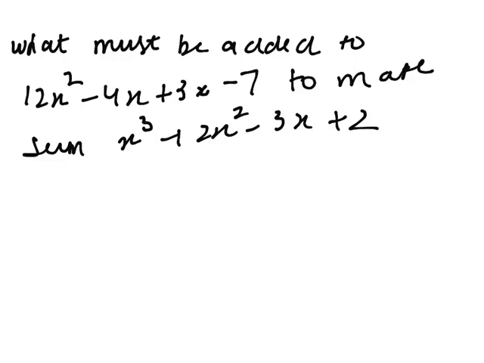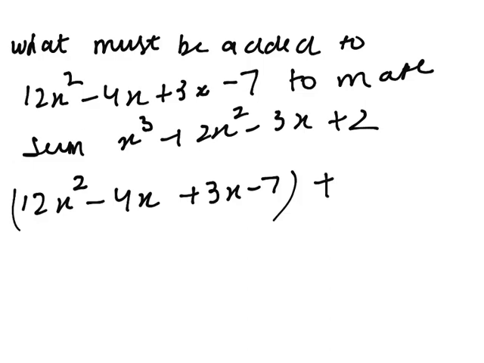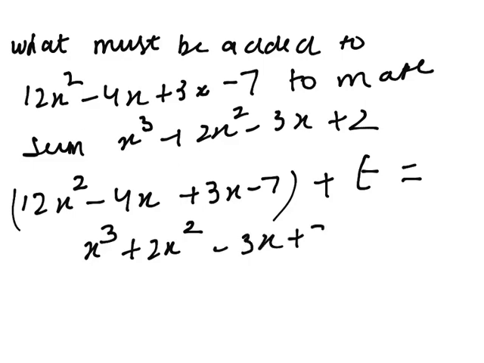So now what we'll do? We are adding e in this. Then we can write this 12x cube minus 4x square plus 3x minus 7. Then we are adding the expression e to get the sum of x cube plus 2x square minus 3x plus 2. So now how we will get the value of e? We will subtract this from this term.